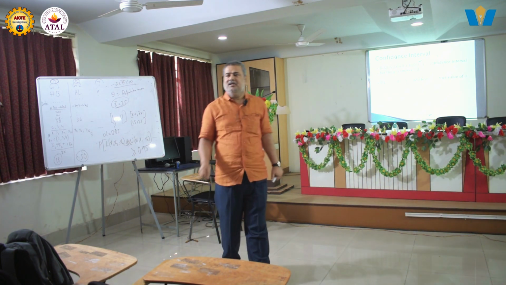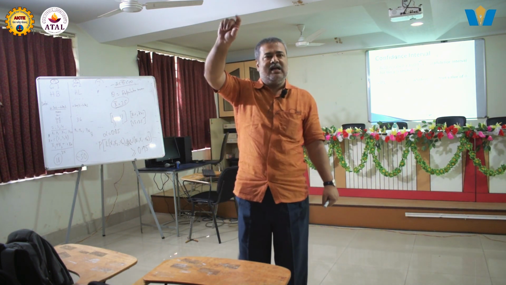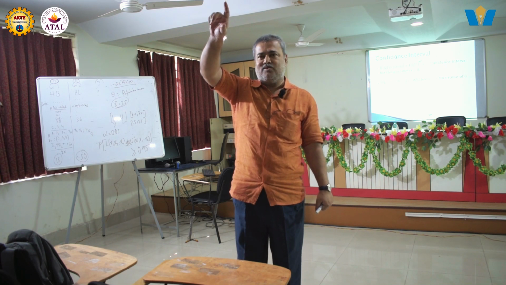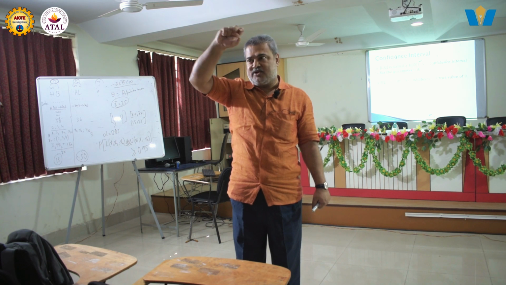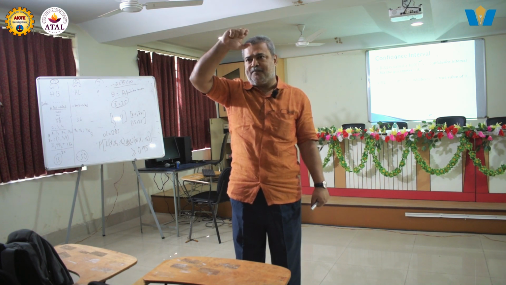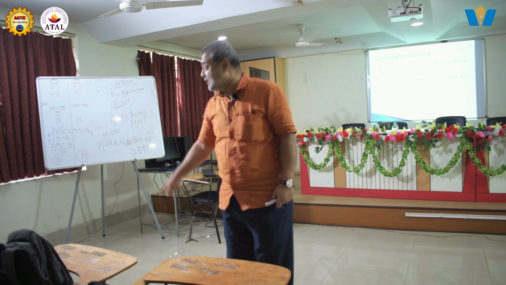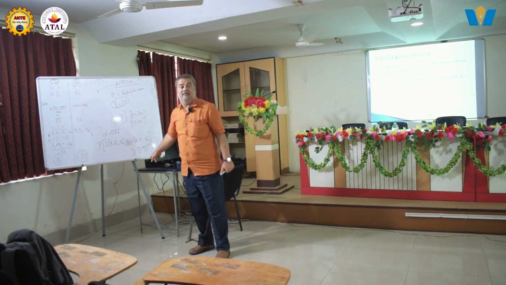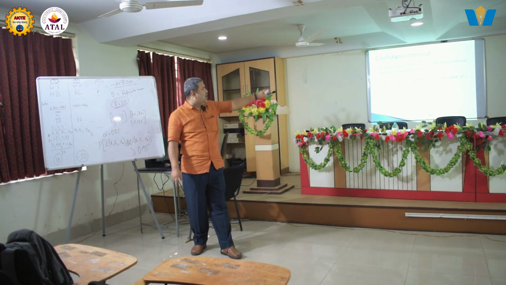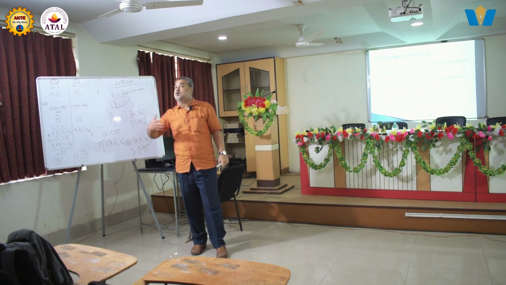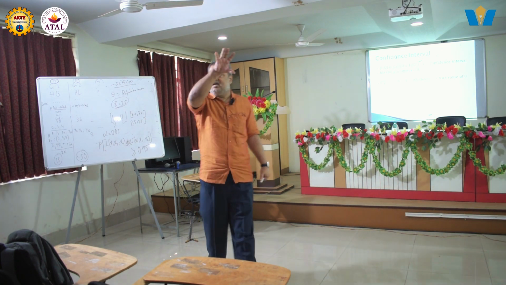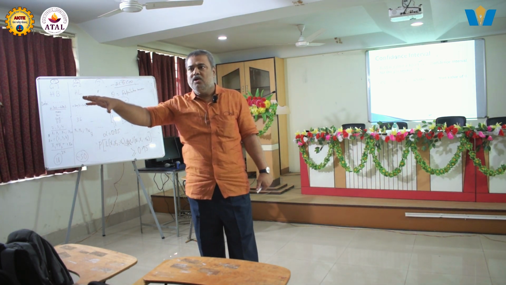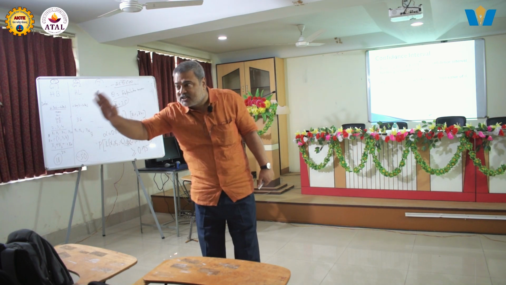That means you want to trap theta. Theta is unknown. You want to trap theta by an interval, and the probability is at least 0.95. So this is called a 95% confidence interval. We are so confident that theta lies between this L and U with probability at least 0.95.